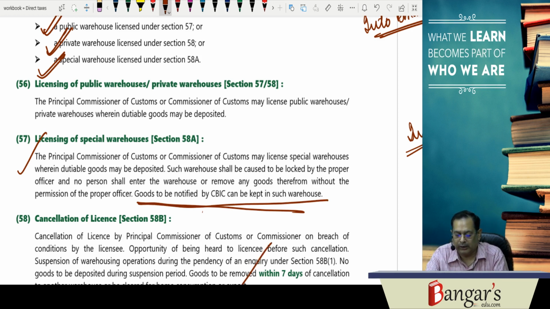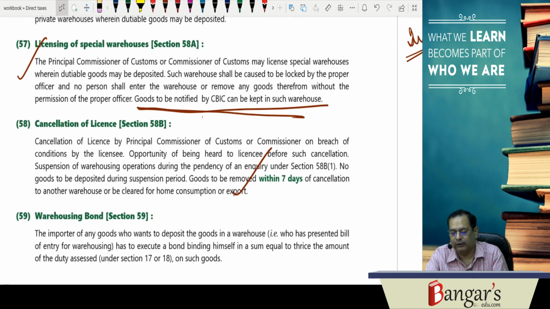The license can also be cancelled on contravention of the conditions subject to which it has been given, and if the license is cancelled, the goods are to be removed to another warehouse within 7 days from the cancellation, or removed for home consumption or for exportation.